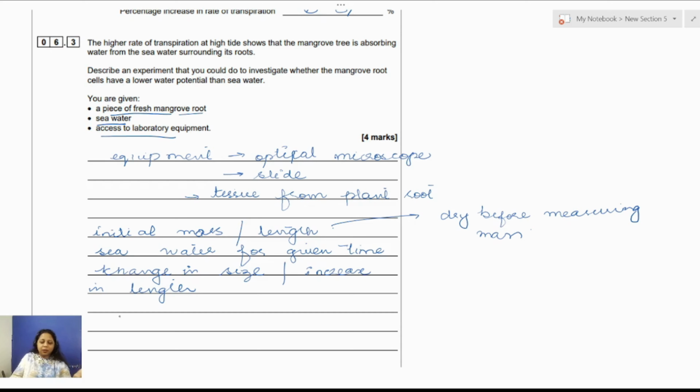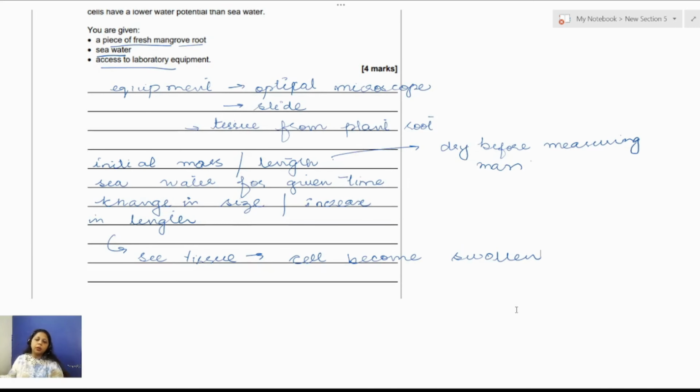Why have you used this? To check something. Cells become wrinkly, swollen. So we have seen in the optical microscope that the cells become swollen, and in the optical microscope we can easily see the vacuole. If we stain the whole thing, the tissue, we can clearly see the turgid vacuole.